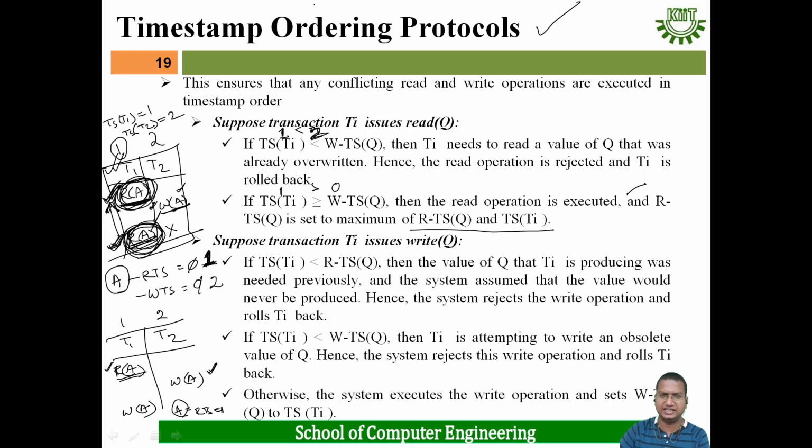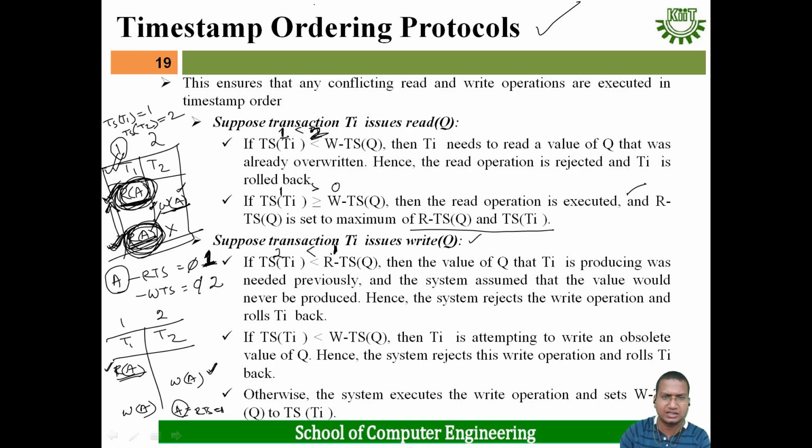Suppose a transaction Ti issues a write Q. That means here transaction Ti means T2. The transaction wants to write. So is TS of T2, which is 2, less than the read timestamp of Q? The read timestamp of A is 1.